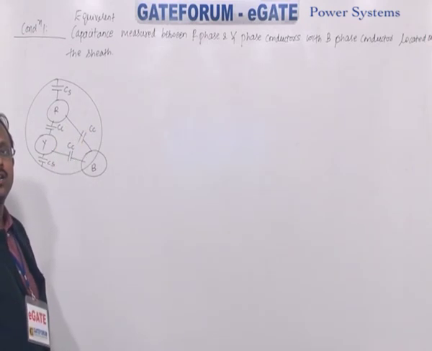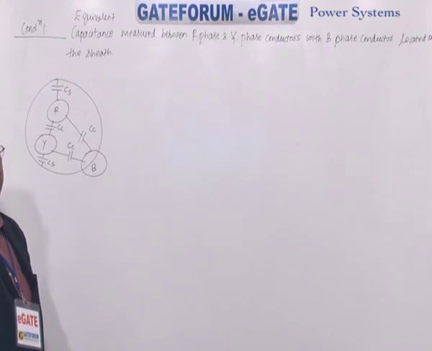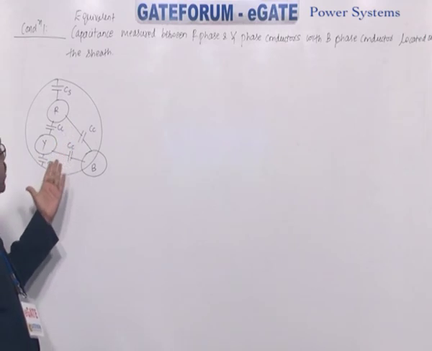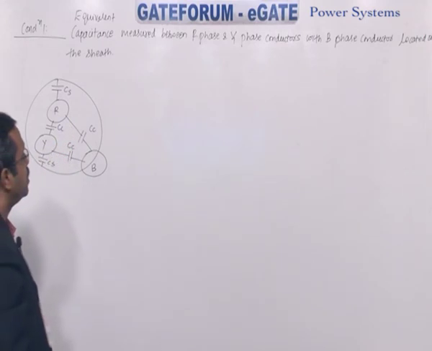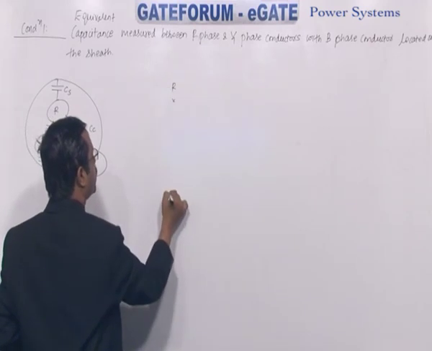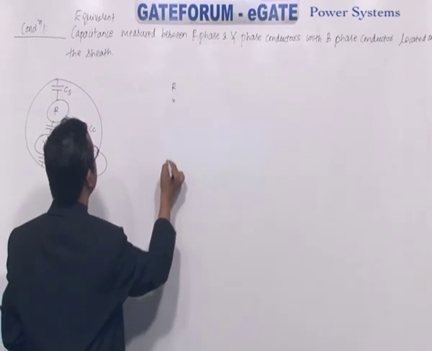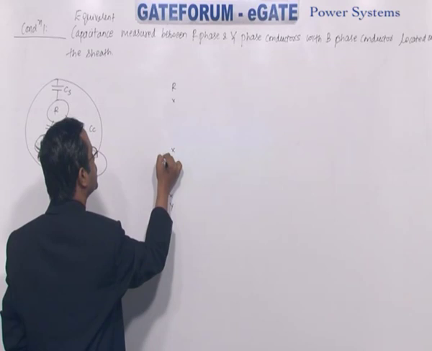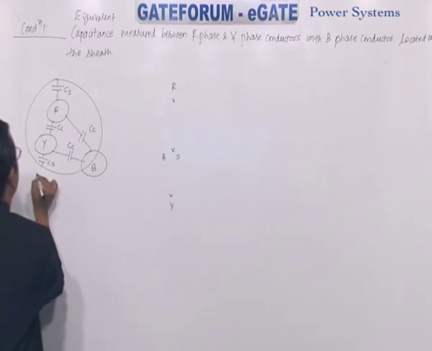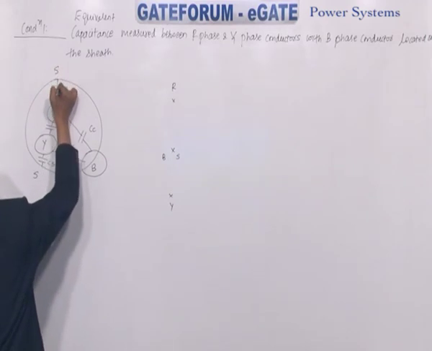Now we have to find out what is the equivalent capacitance measured between R phase and Y phase conductors. For that we draw the equivalent circuit between R phase and Y phase, and you provide the B phase or sheath here. What about between R phase and sheath?